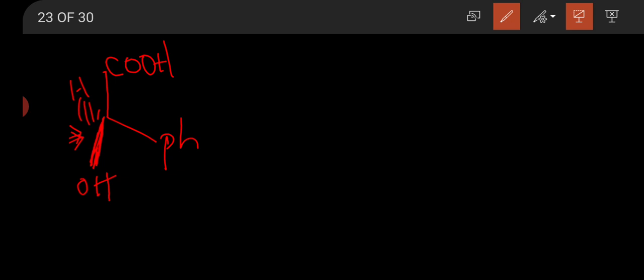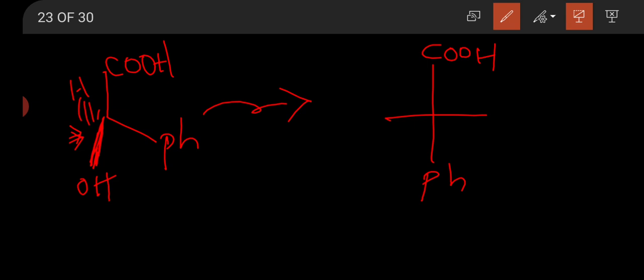By drawing from this side, he is seeing the molecule such that the top vertical bond is COOH, the bottom is the phenyl bond, the right side is OH and the left side is H.